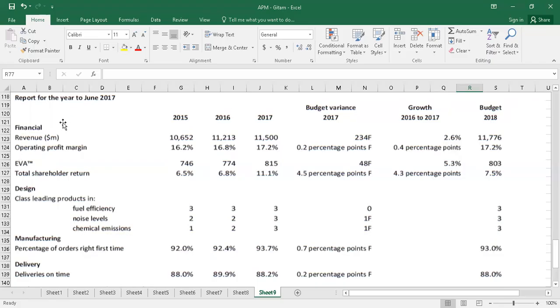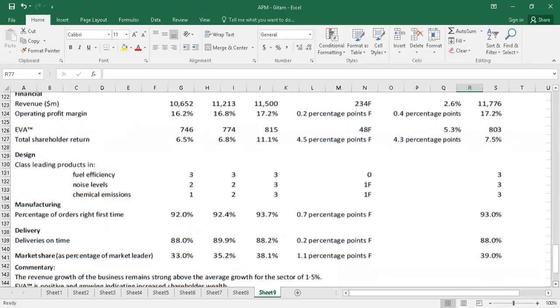The financial parameters are revenue, operating profit margin, economic value added, total shareholder return. So those are financial parameters. Non-financial parameters: under design, we see class leading products in fuel efficiency, noise levels, chemical emissions.